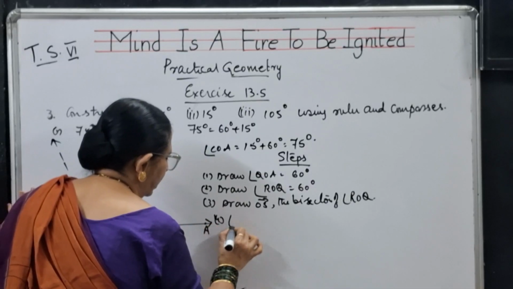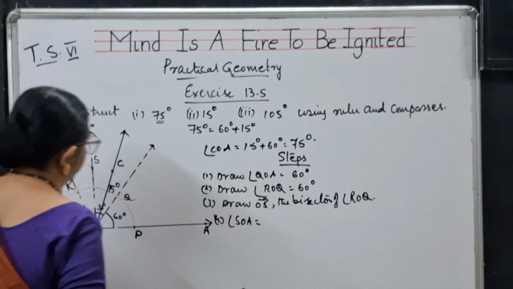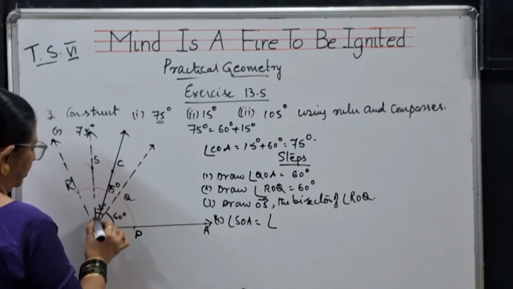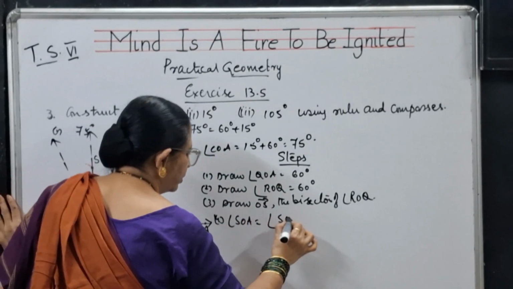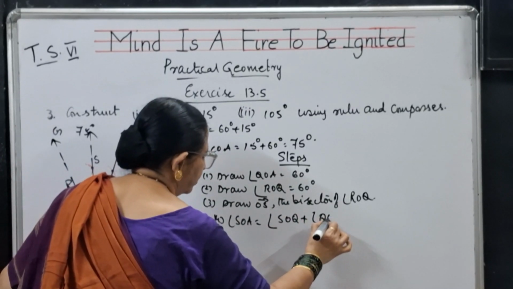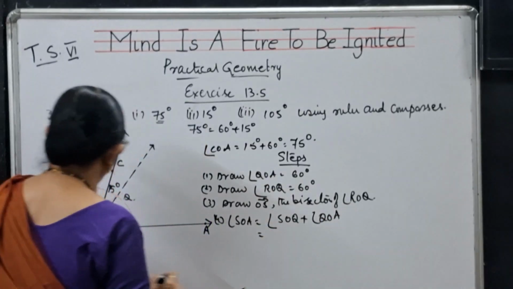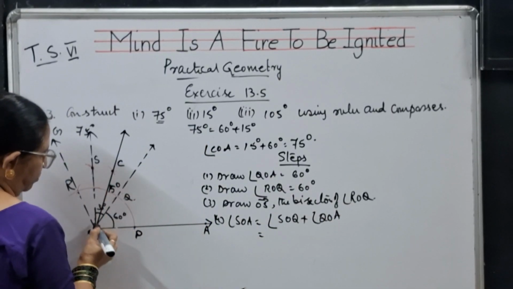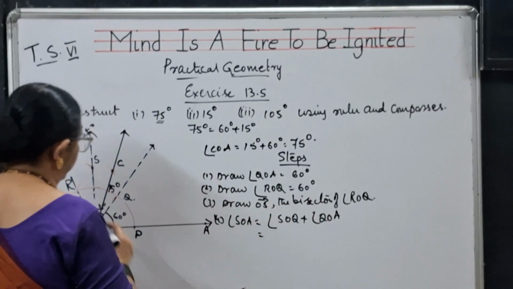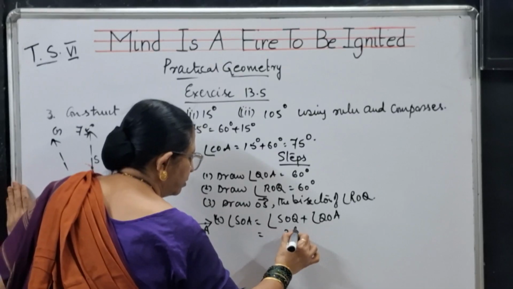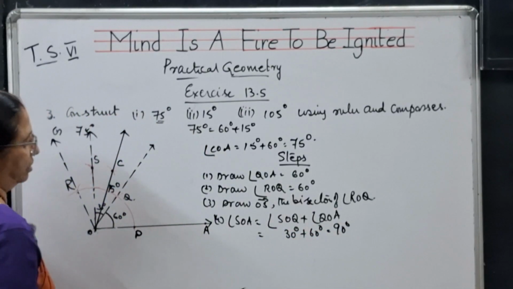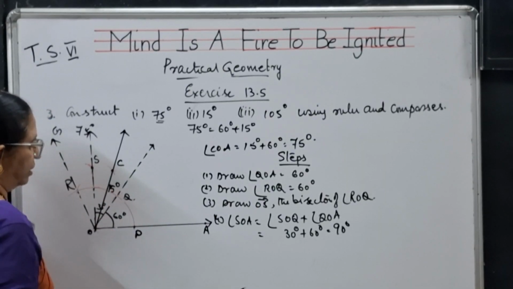Fourth one, angle SOA is equal to angle SOQ plus angle QOA. What is angle SOQ? Angle SOQ is nothing but the bisector of angle ROQ, that is 30 degrees, plus 60 degrees, that is equal to 90 degrees. Angle SOA is 90 degrees.